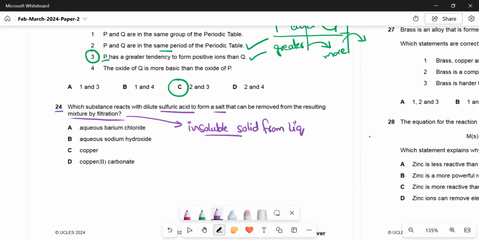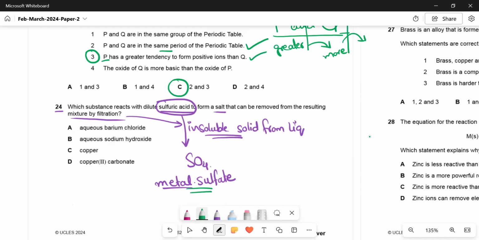So which thing will react with the sulfuric acid so that it forms an insoluble solid? Sulfuric acid gives SO4, which is the sulfate ion. And which metal reacts with sulfate ion to form an insoluble solid?